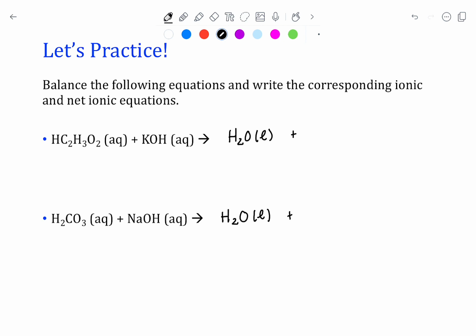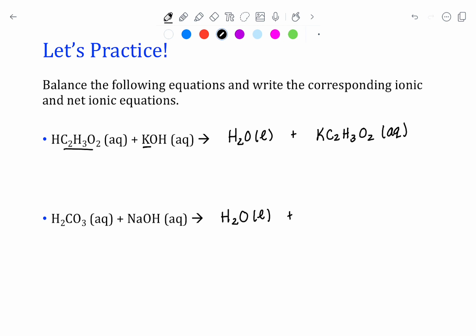So that leaves us our 2 other ions that are going to mix together to form our salt. So KC2H3O2: acetate ion has a -1 charge, potassium ion has a +1 charge, so they're equal but opposite charges, so a 1-to-1 ratio, and that gets an (aq).